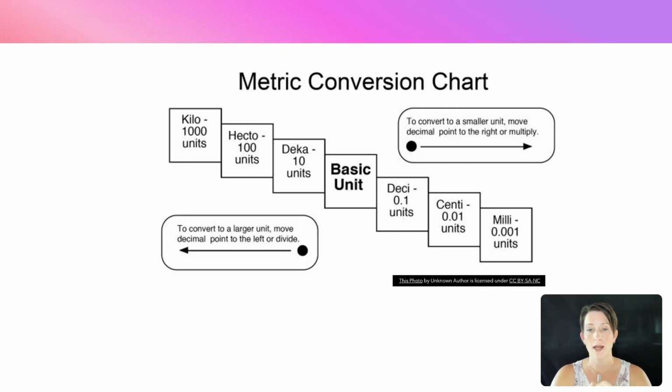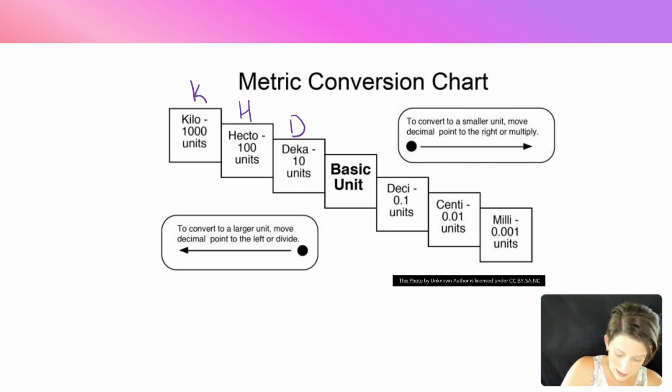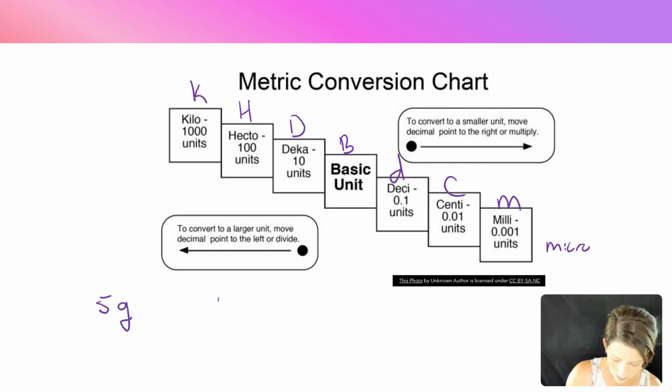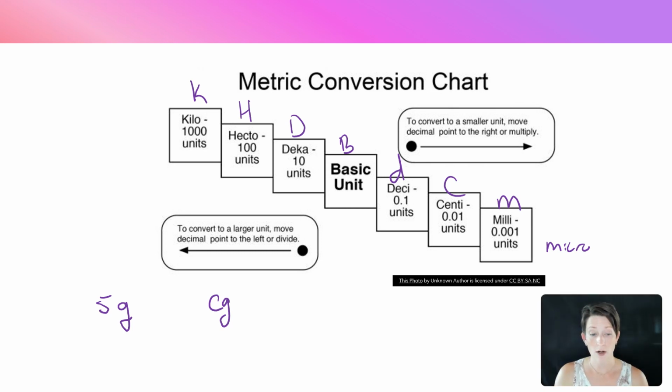Here's a simple chart a lot of students like to use to help understand metric conversions. This does have a mnemonic called King Henry died by drinking chocolate milk, and we do have that micro down here we use sometimes as well. What's nice and easy to use about this chart is it helps us transition between metric conversions. If I have, let's say, 5 grams, how many centigrams is that going to be? Well, what's beautiful about this chart is it will show us which way to move our decimal.